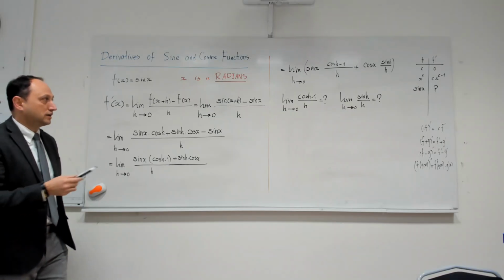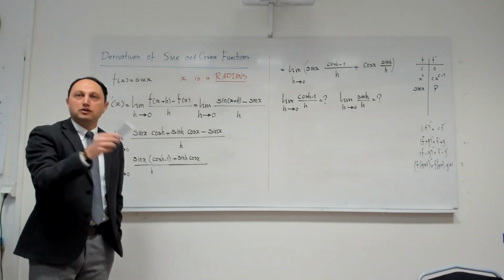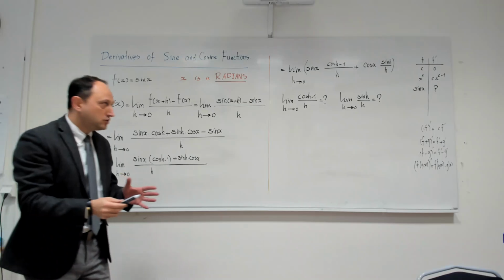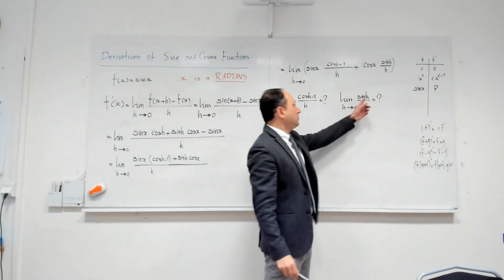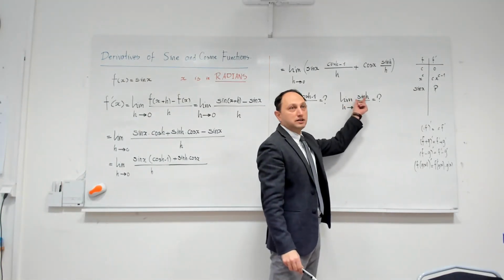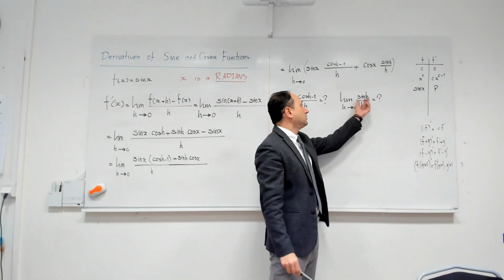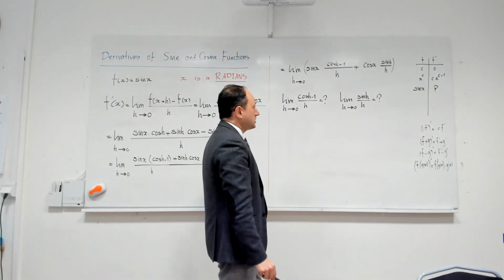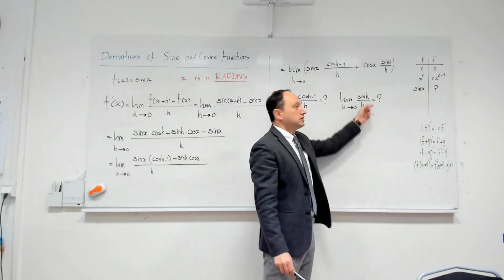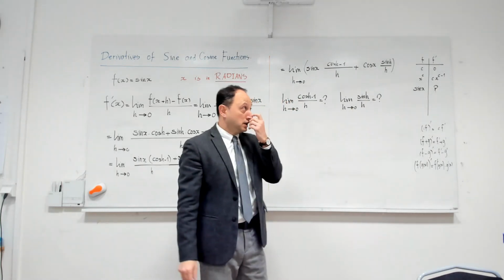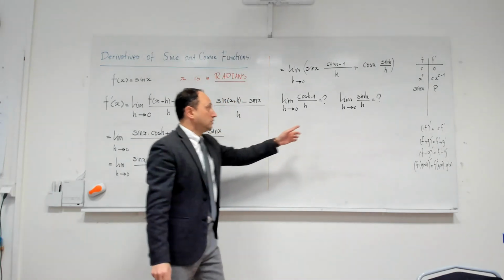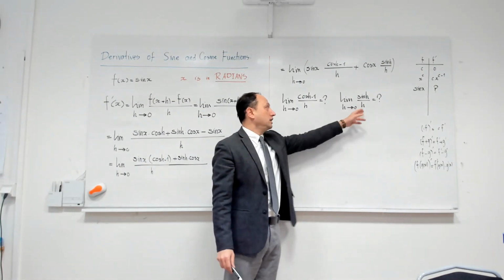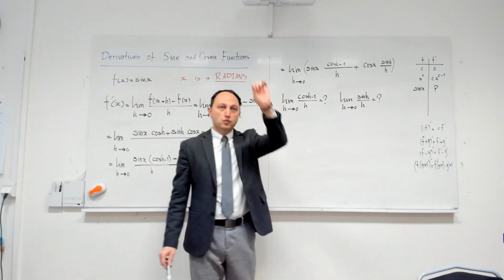It's not a way that I can, I don't know, multiply by the conjugate or whatever. Whatever I do, h will remain inside sine, and I cannot make it free to get rid of these two h's in some way. The only thing you can do to convince yourself is either draw the graph of this function using GeoGebra, and you see that when you get closer and closer to 0, the height of this function becomes close to 1.